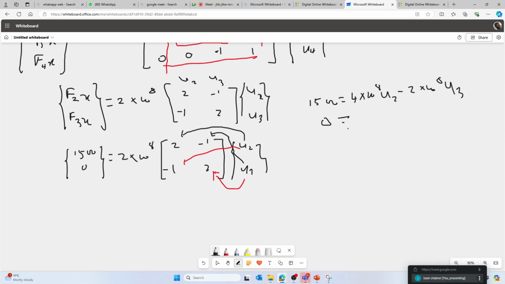So what do we have? 2 times 10 to the 8 is negative here, u2, and then 2 times 2 gives 4, plus 4 times 10 to the 8, u3. Any question, guys? Now you have to solve for u2 and u3.